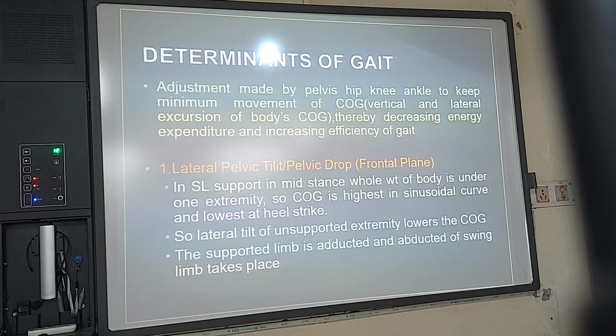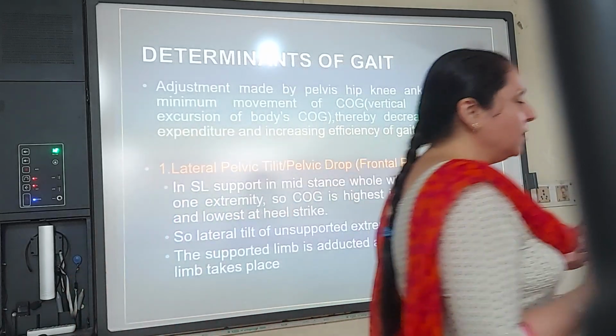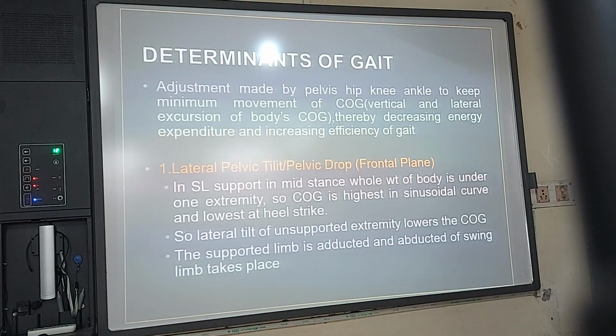Now to understand the next part, it is very important that to make our gait efficient, we need our trunk, our body, our neck, our upper limb, our pelvis, hip, ankle, foot to interact in a certain way so that they maintain the center of gravity near our body weight, that is near our center of mass.